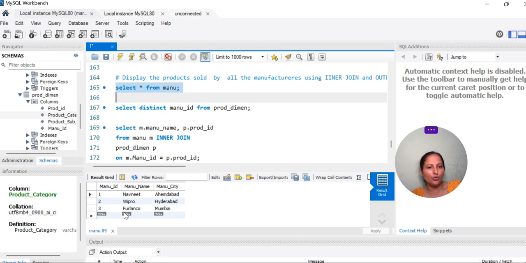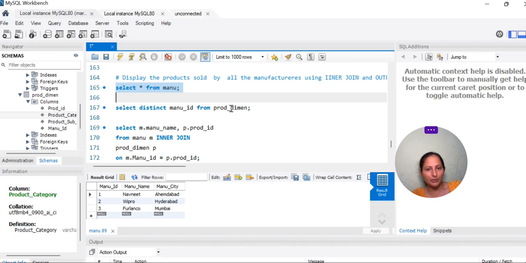If we want to know the distinct manufacturer ID from the product dimension table, then select distinct manufacturer ID from the table name.